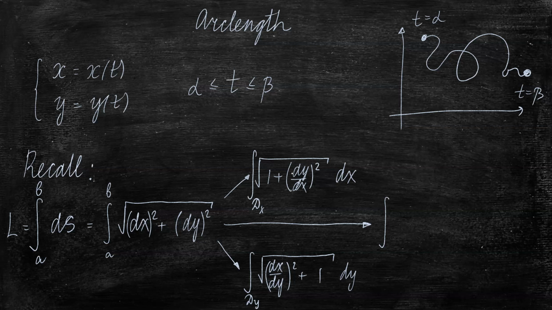In reality, it's a theorem that says that these two are the same. But it totally looks like we can take dt out of this radical, and if we do that, then we end up with a formula like this, and here we're going to have some domain with respect to t. So this is going to be our formula.